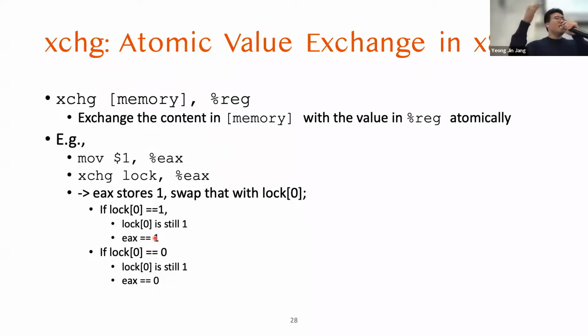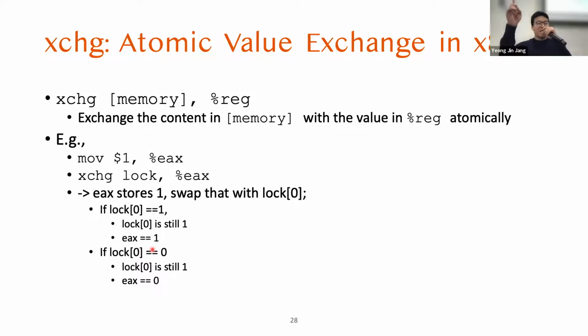So if the return value in EAX is 1, it means that previously the lock variable value was 1, so it has already been acquired. In this case, we get the result 1, indicating that some other thread is running, but we keep the lock variable at 1 so that no one else can get in. But suppose the lock was not acquired and was open to anybody.